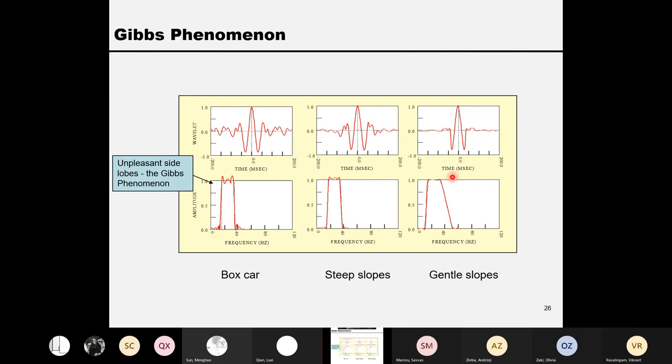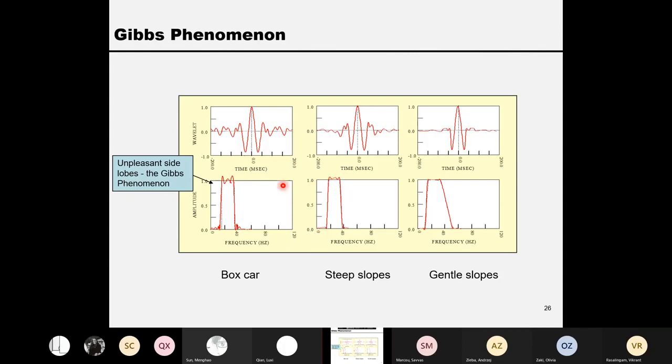In the time domain, for the boxcar function, you have two Gibbs phenomena, and the amplitude is not flat. You can see here, not only do you have a zero phase filter in the middle, but you also have the ringing left and right. They're symmetrical, basically, zero phase.